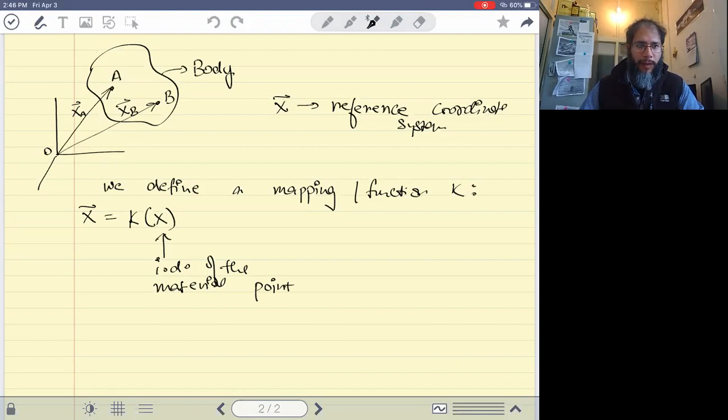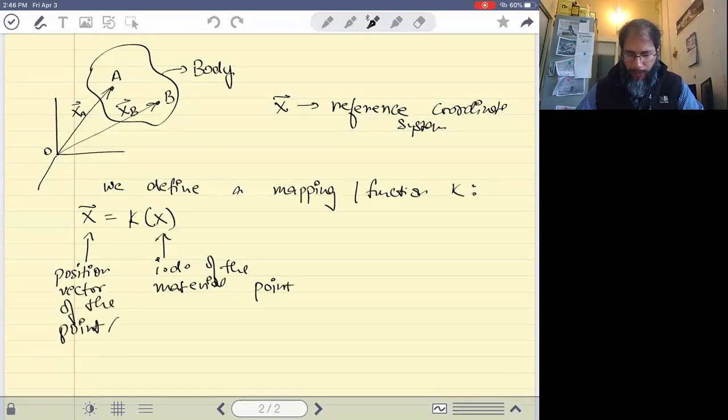And this function is a vector function, that is, it returns a vector, which is the position vector of the point. So capital X without the vector arrow on the top denotes the identification of the material point, which in our case, we're using capital alphabets for that. And then this kappa function takes the ID and returns the position vector of the point.